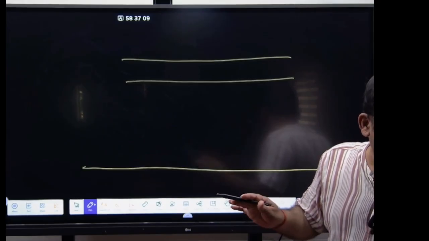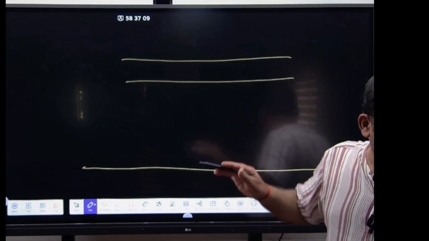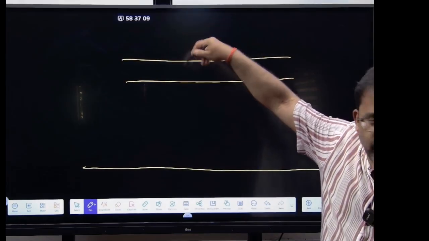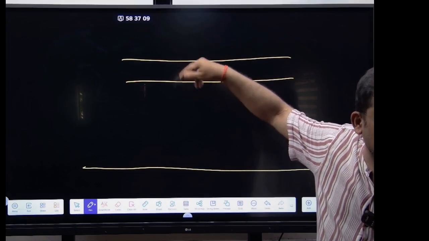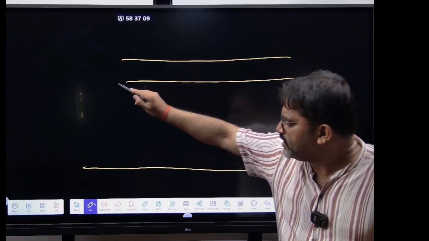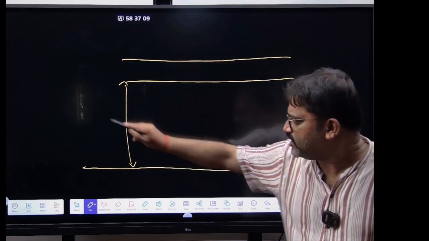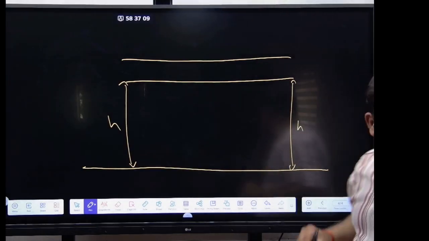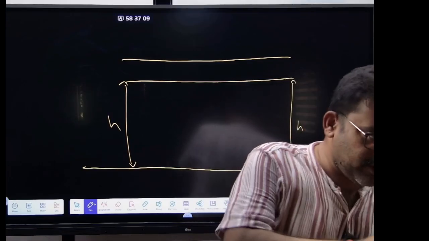Is it correct? Any doubts on that? What is the meaning of horizontal, children? Horizontal means whatever the particular point is, it is parallel with ground. Now let us say this is the height h, then what will be the height here, children? H only. Correct? Any doubts on that?